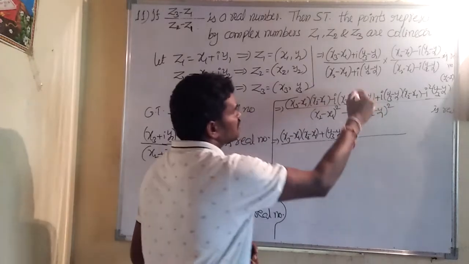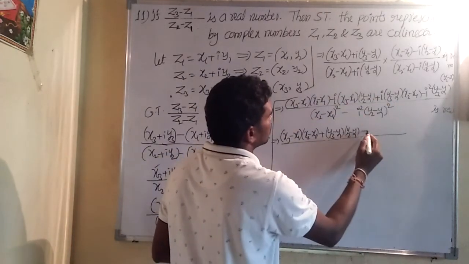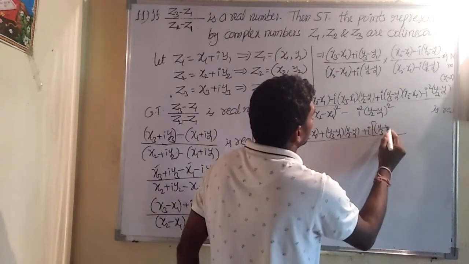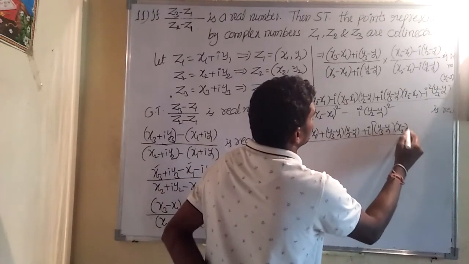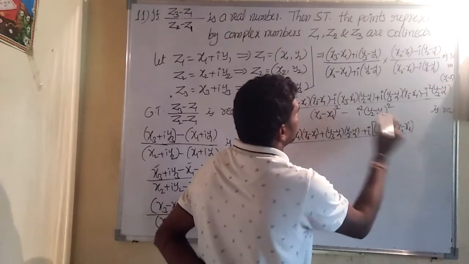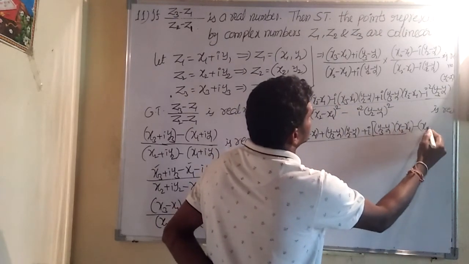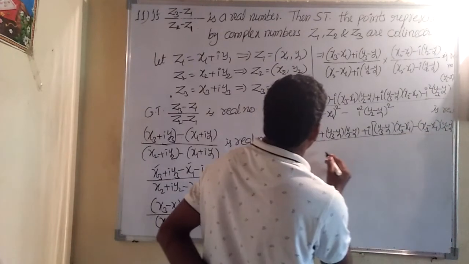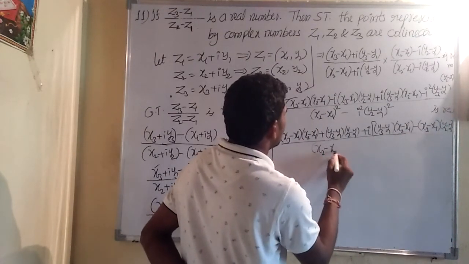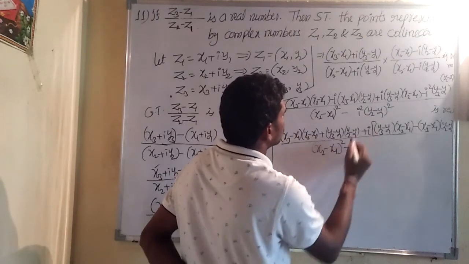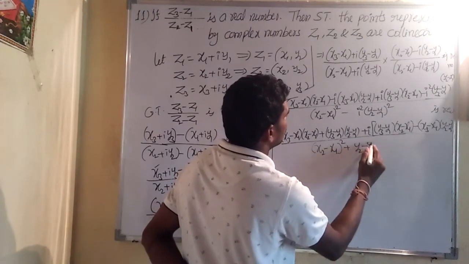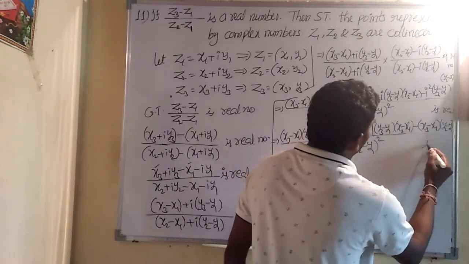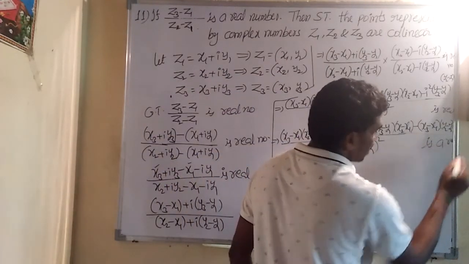Then the remaining i coefficients: here plus i into, here minus i into, so take out i common. So i times (y3 minus y1) into (x2 minus x1) minus (x3 minus x1) into (y2 minus y1), by (x2 minus x1) whole square. The i square coefficient is plus (y2 minus y1) whole square, and that is a real number.